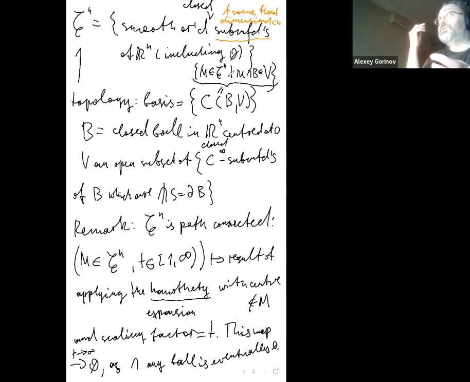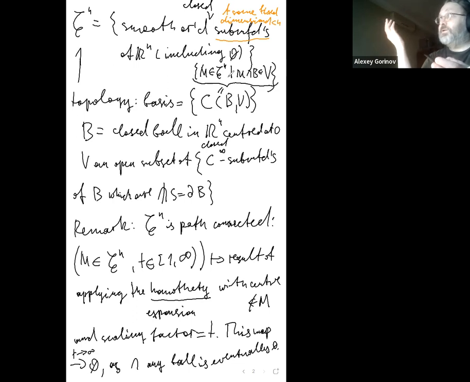Well, there's always the jet bundles. So for every submanifold, we basically fix Rn inside. Over Rn, we have the bundle of germs of submanifolds of some fixed degree. Now, this is a finite dimensional bundle.